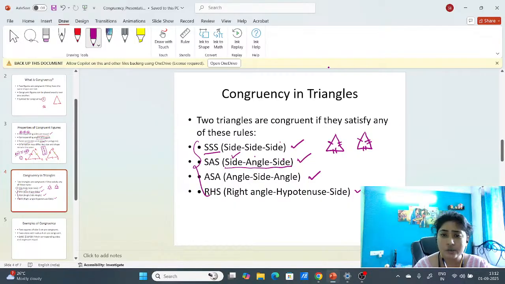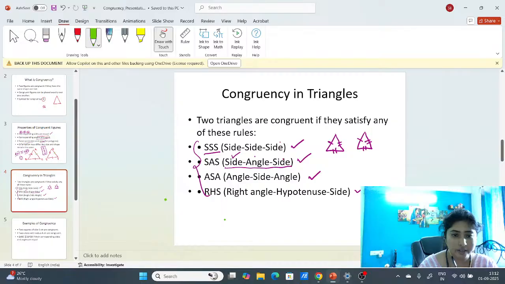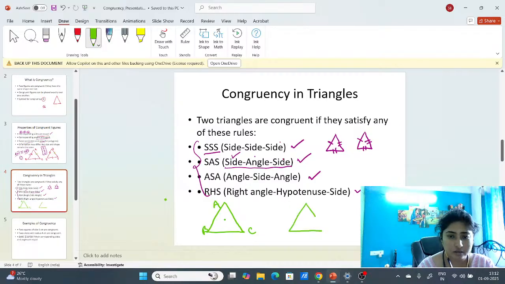What is included angle? Suppose here I am drawing two triangles. This triangle is ABC and suppose this one is PQR.